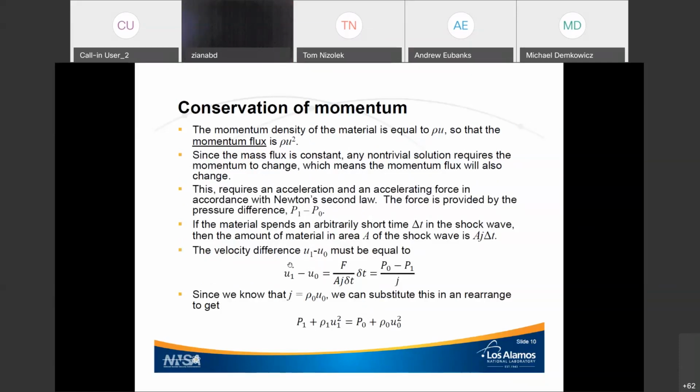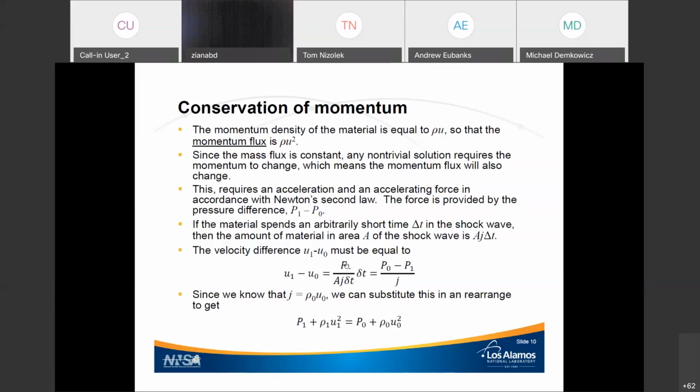Okay. The velocity difference has to be equal to the acceleration, so force divided by mass, right here, times the amount of time, this delta t. So think of this delta t and this, sorry, uppercase and lowercase.